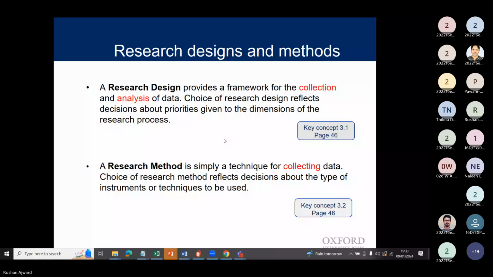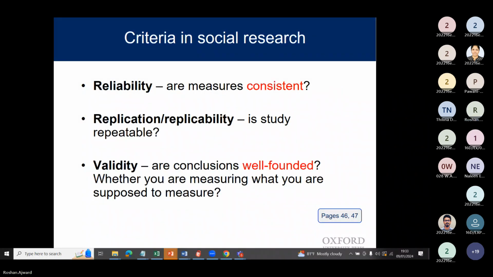Then we'll see the criteria to distinguish good research from bad research. Now, how can you distinguish between a good person and a bad person? There are certain things you will look at, isn't it?